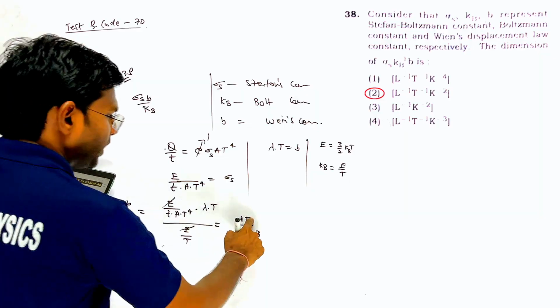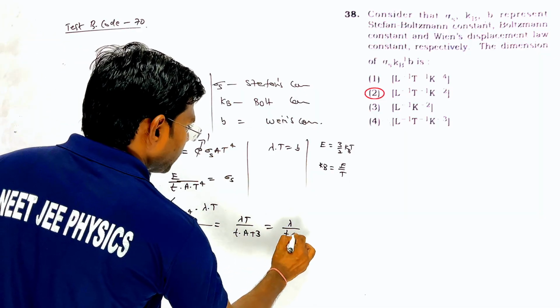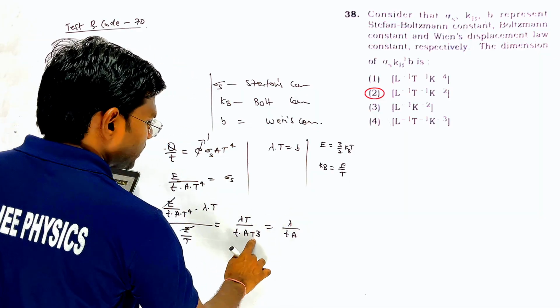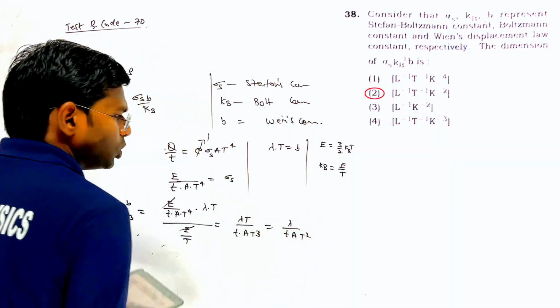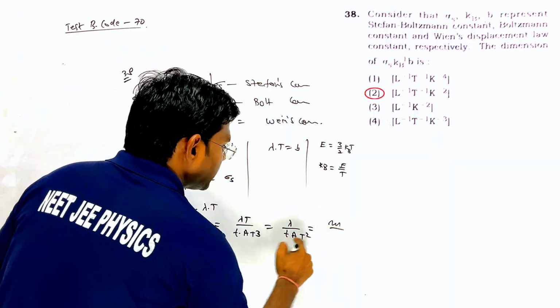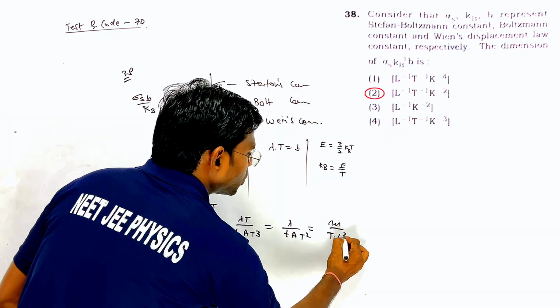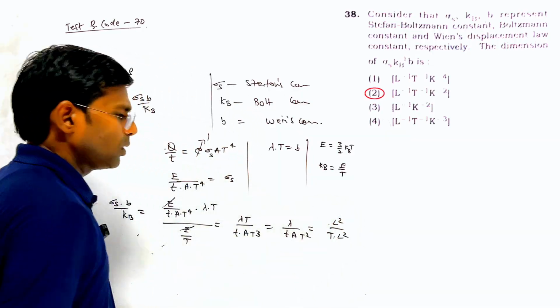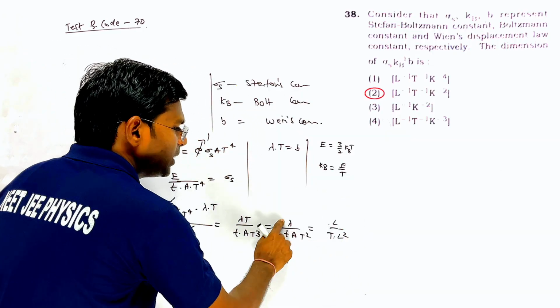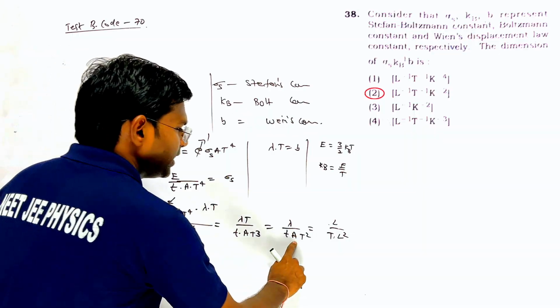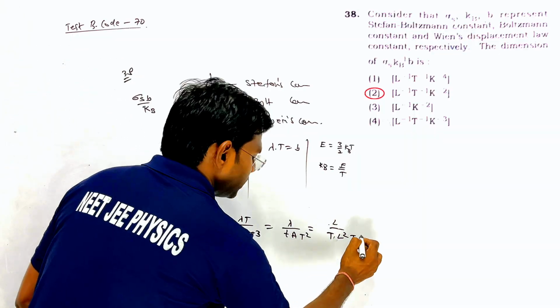One T is also cancelled, so lambda T upon A, and this is T square. Lambda is the wavelength in meter, time is in second, area is in meter square, so it is L square. So L square, sorry, L. The lambda is in meter, length, it is L, area is L square, temperature is what?